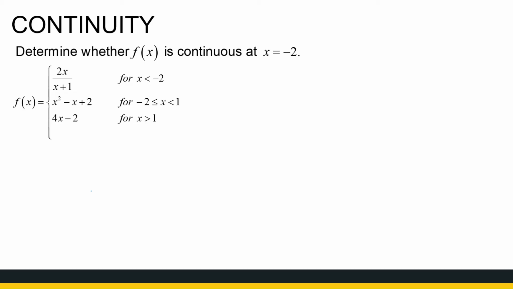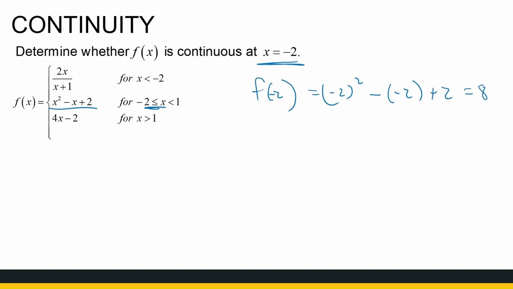Let's look at the next one, where x is equal to -2. And we've seen this function before. Now, f of -2, x is equal to -2 for this middle function. So that'll be -2 squared minus -2 plus 2. So it's 4 plus 2 is 6 plus 2, so that value is 8.